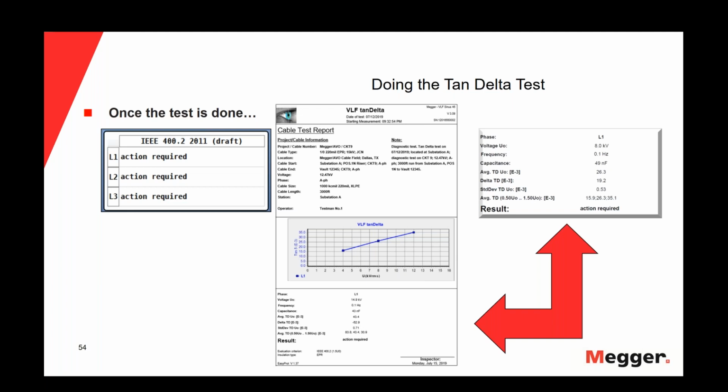We have a really big internal memory in the VLF units, up to 1,000 measurements, and so we can download whatever we want, the measurements we have done with the VLF, and we will have the report, a really nice report with all the graphs of the tan delta measurements, and with all the important information, such as the tan delta value, the delta of the tan delta, and the standard deviation. So we will have all the important information in the report.